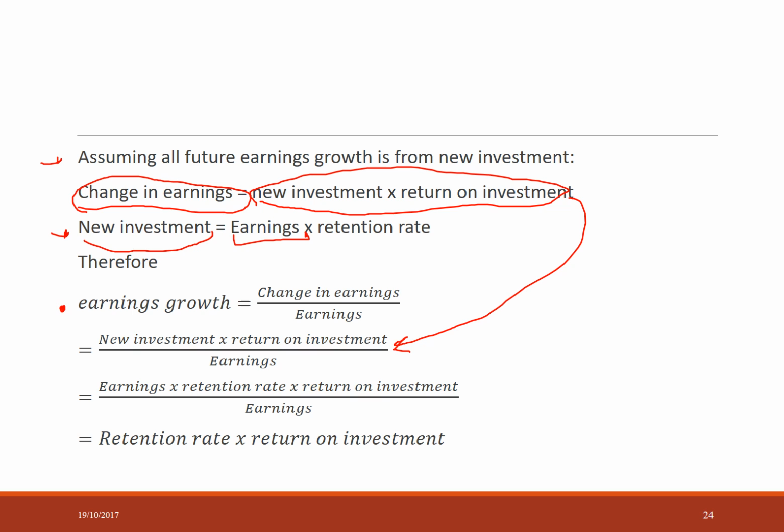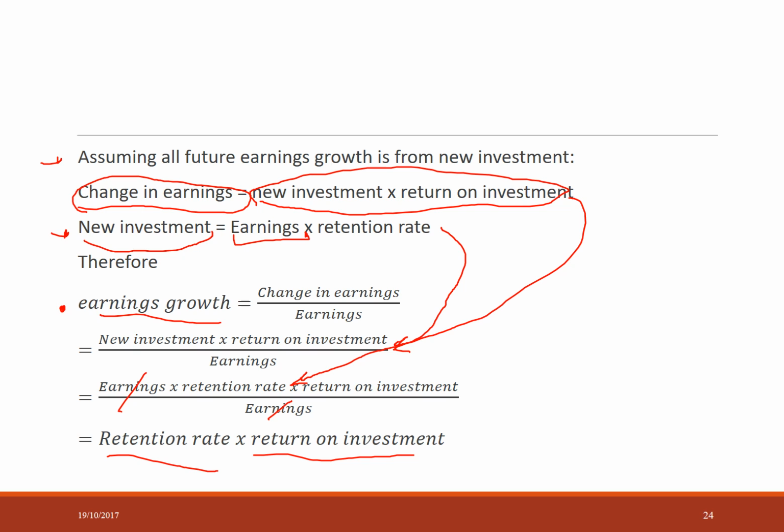Also, given that the new investment amount is equal to the product of earnings times the retention rate, we have this equation over here, right? So earnings times retention rate times return on investment divided by earnings, right? So these two terms cancel each other out. We have earnings growth being the product of the retention rate times the return on investment.